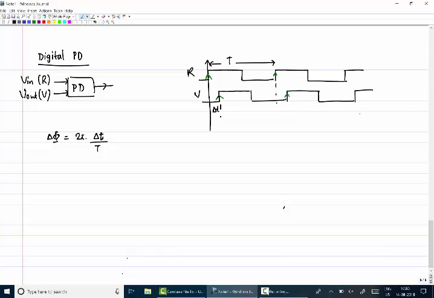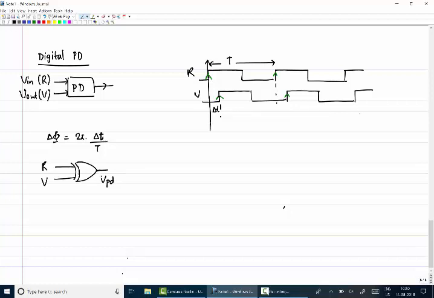Okay, so one of the blocks which can do that, let's see, is an XOR block, called an exclusive XOR gate based phase error detector. So let me write, this is V times PD.